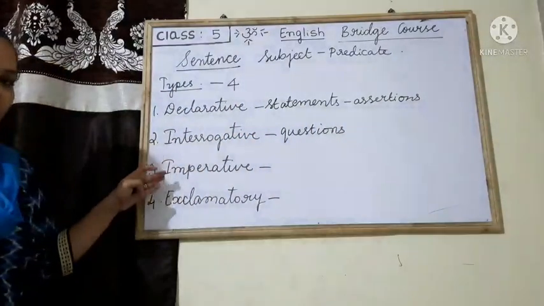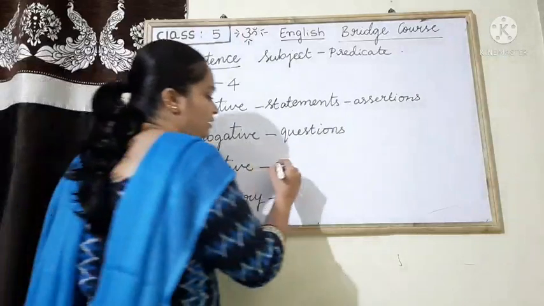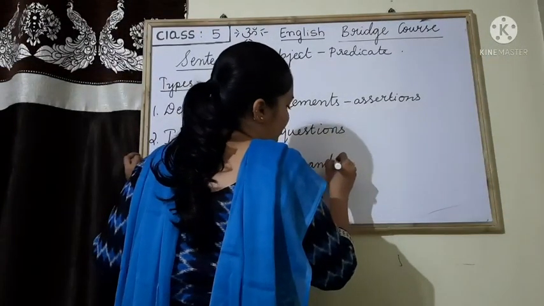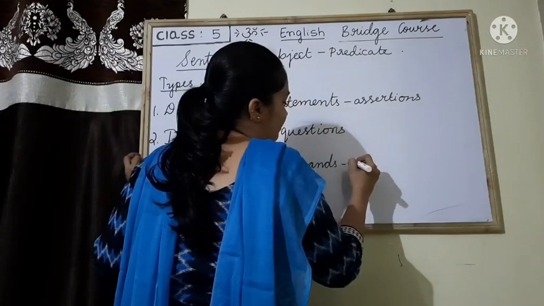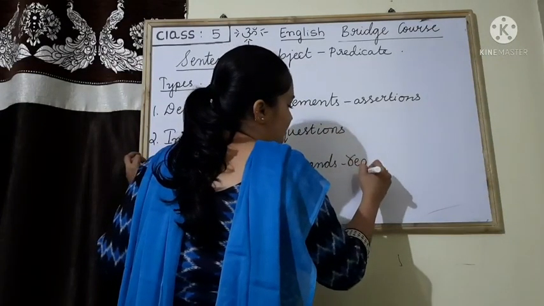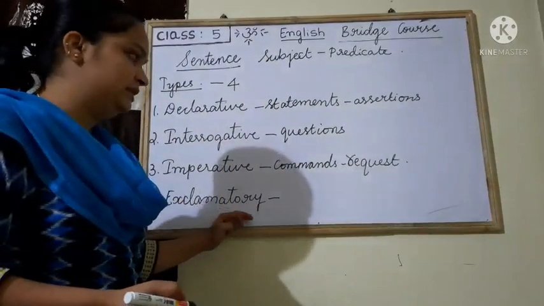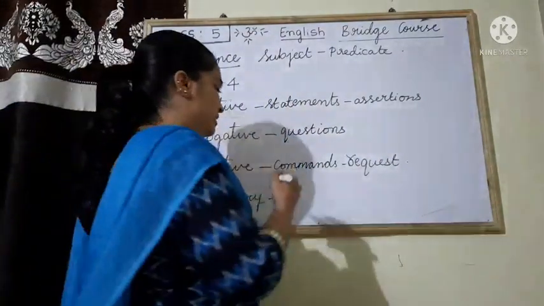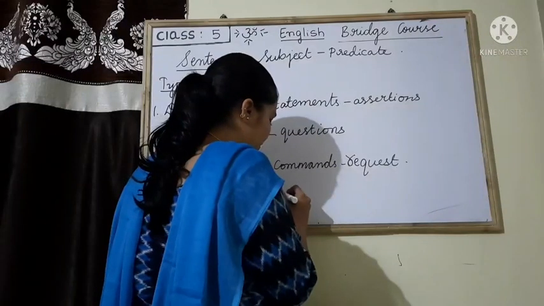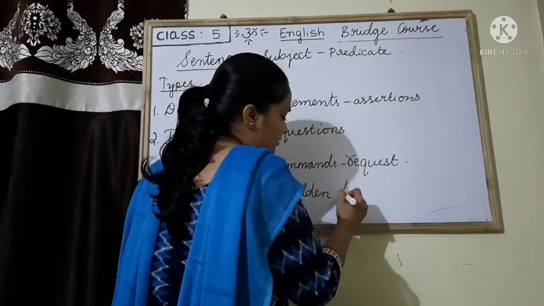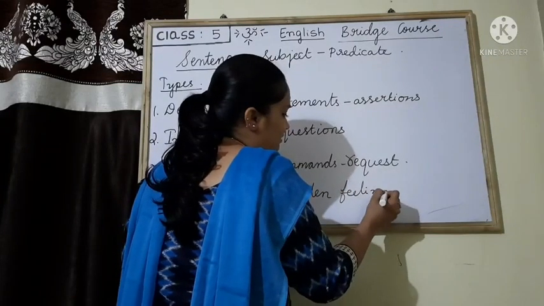And an imperative sentence is when we give commands or when we request. And what about exclamatory sentences? Exclamatory sentences are those which express sudden feelings.